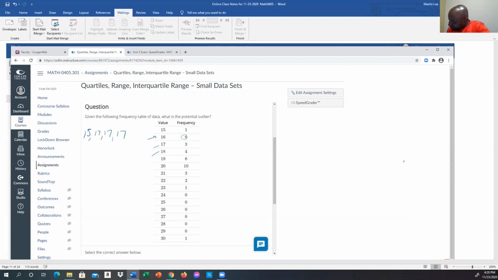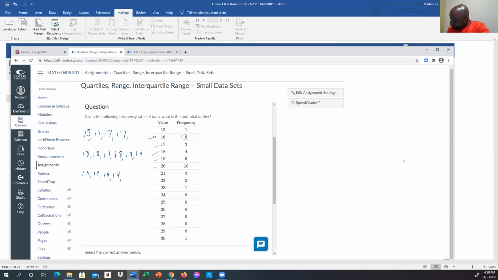The value 18 occurs 4 times. The value 19 appears 6 times.